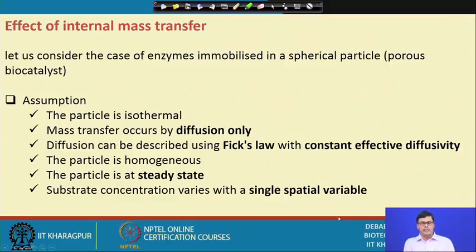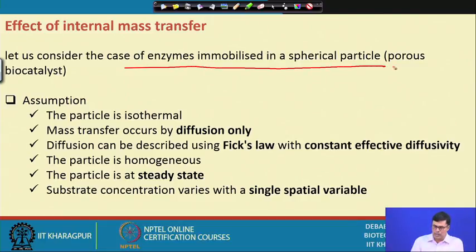Now this is about the external mass transfer. Let me switch over to the internal mass transfer, when the enzyme is present inside the porous solid matrix. Let us consider the case of an enzyme immobilized system as a spherical particle, a porous biocatalyst.